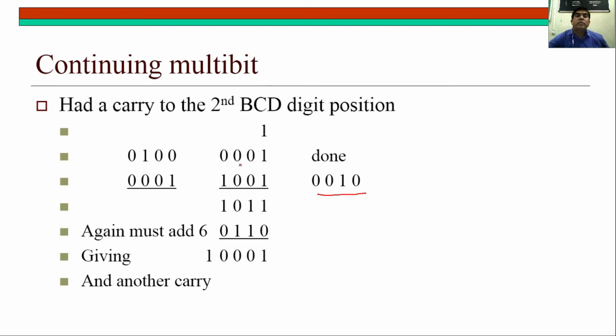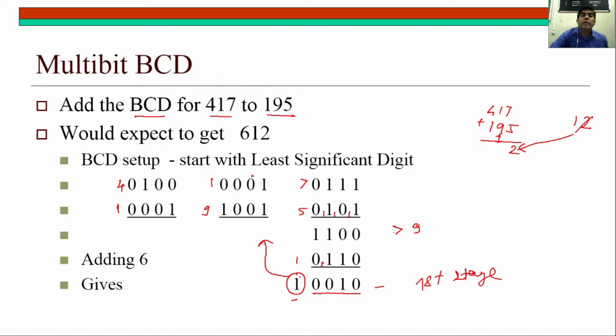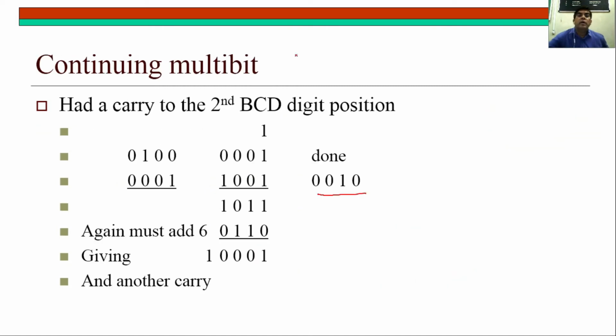Now next stage, what we had? 1 and 9. See here. This is 1 and 9. And plus, this is the previous carry, right? Carry from the previous stage.